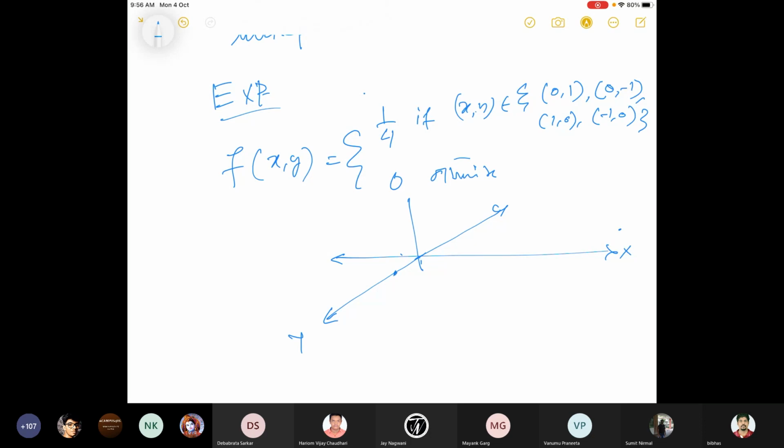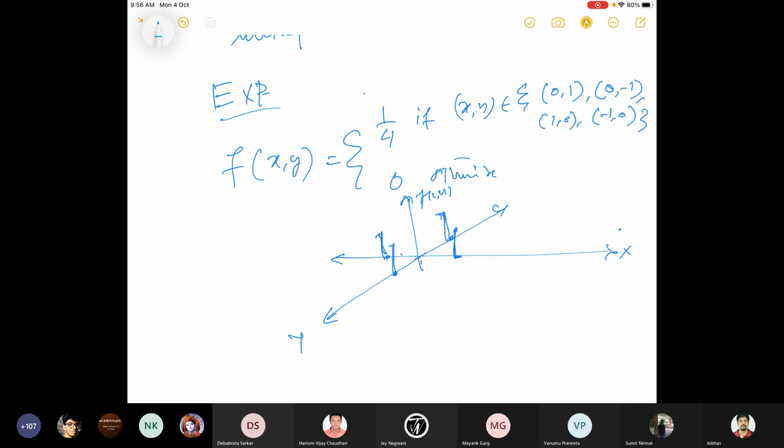So you have these four points: minus 1, 0; 1, 0; and 0, minus 1; and 0, 1. The probability values, these heights, are all 1/4. This is f of xy. So these heights are 1/4, and everywhere else it is 0.